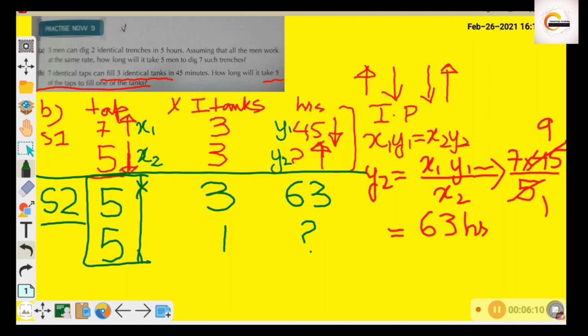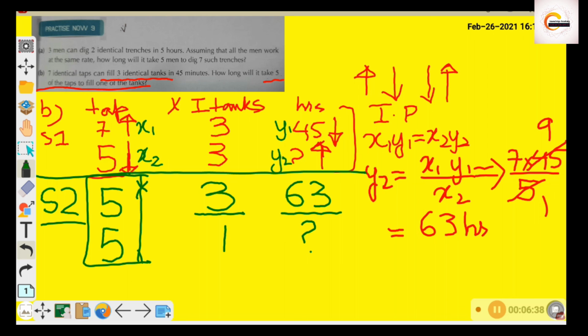So let's see tanks. If there are more tanks, how long will 5 taps take to fill it? More tanks, more time. Less tanks, less time.